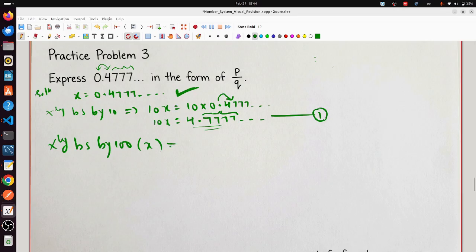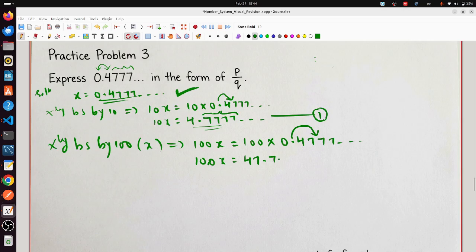What will we get? 100 into x, 100x equals 100 into 0.4777 dot dot dot. Now if you further simplify, what will we get? 100x equals, this value shifts towards here because it is 100, 47.7777 dot dot dot. We got it like this. This we need to take as equation 2 now.